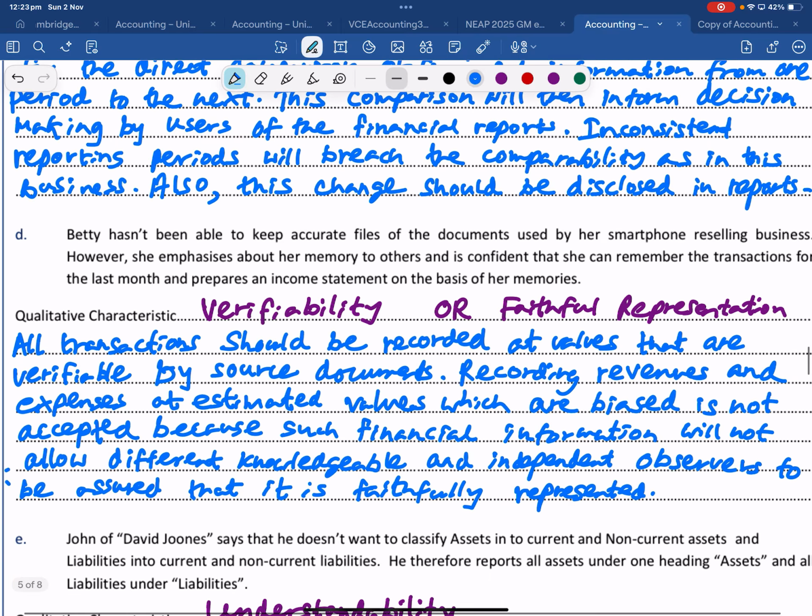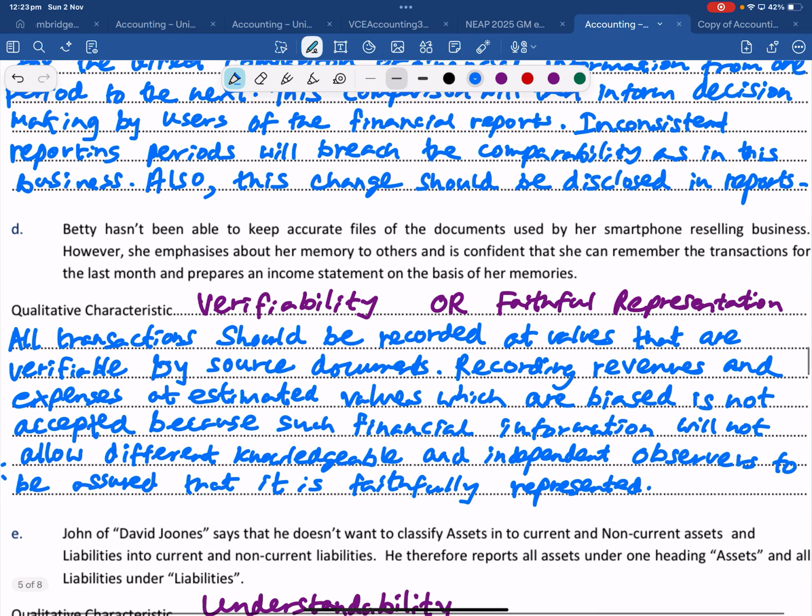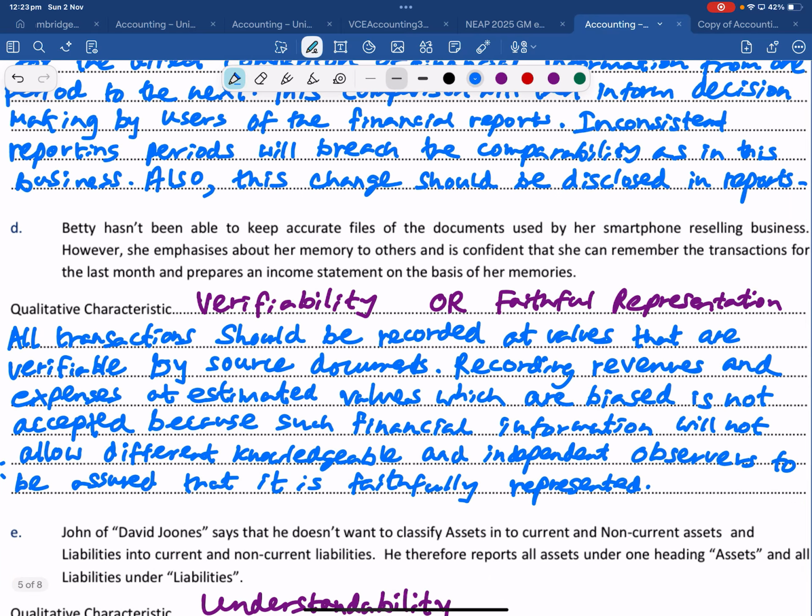Okay, what about the other one, guys? This is a tricky one. It's not very straightforward, but kind of straightforward as well. Is it relevance? No. Understandability.